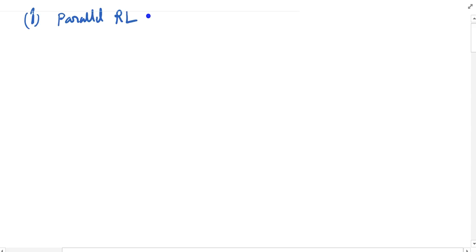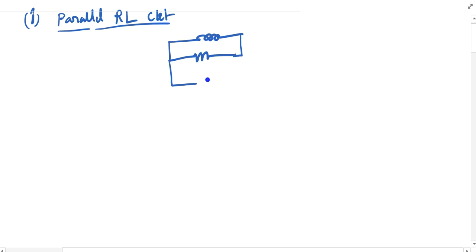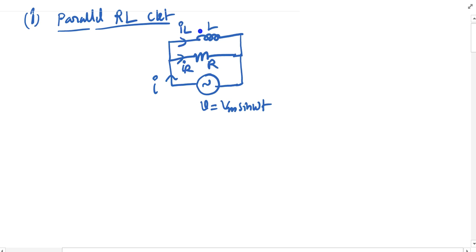Parallel RL circuit here. As you know, parallel means your inductor is connected in parallel with your resistor. This is R, this is L. The source is Vm sin omega t, I is the current drawn by the source, IR is the current in the resistance, and IL is the current flowing in your inductor.